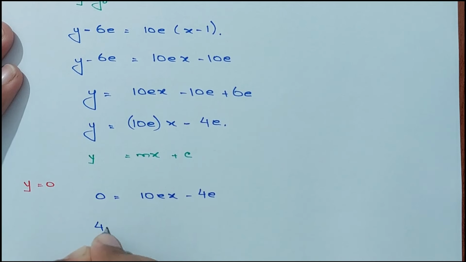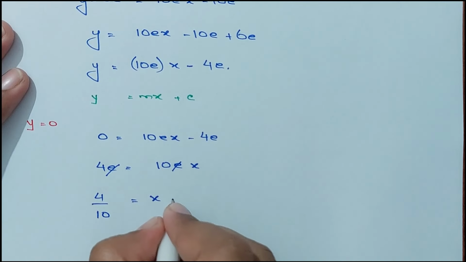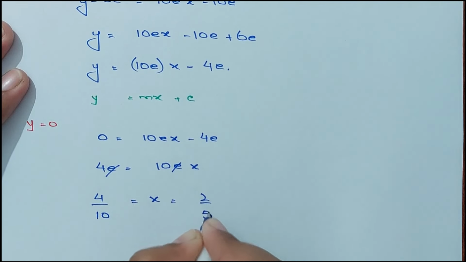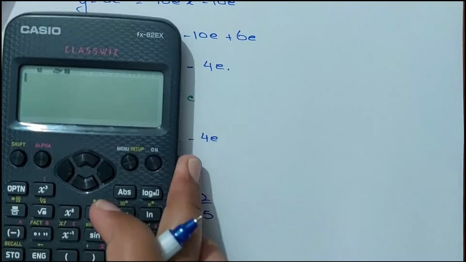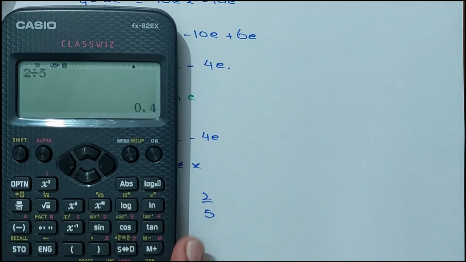We can say 4e equals 10ex. E cancels with e, so x equals 4 over 10, and 2 times 2 is 4, 2 times 5 is 10. So the x coordinate of P is 2 by 5, or in decimals, 0.4.